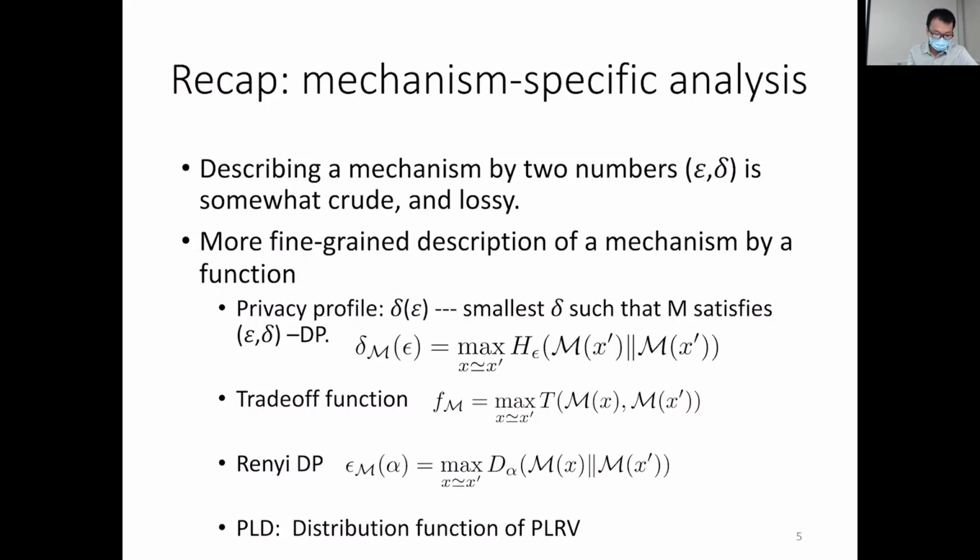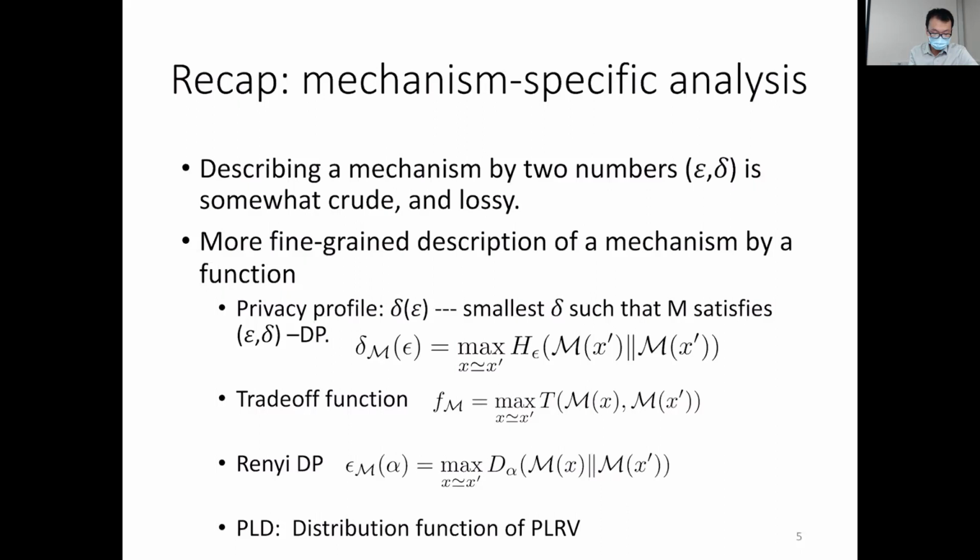A couple of examples of these are things that we've covered, and it's just that now they become functions. Say the privacy profile is defined to be the function of delta for any chosen epsilon parameter.